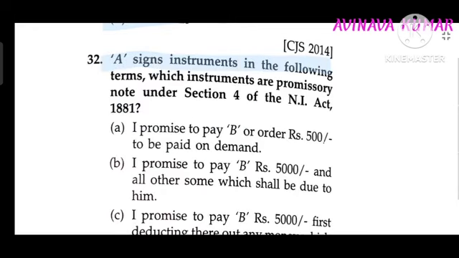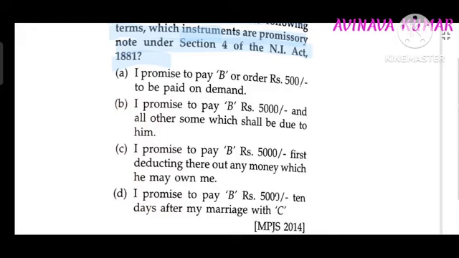A signs an instrument in the following term. Which instrument are promissory note under section 4 of NIA 1881? I promise to pay B in order of 500 to be paid on demand.